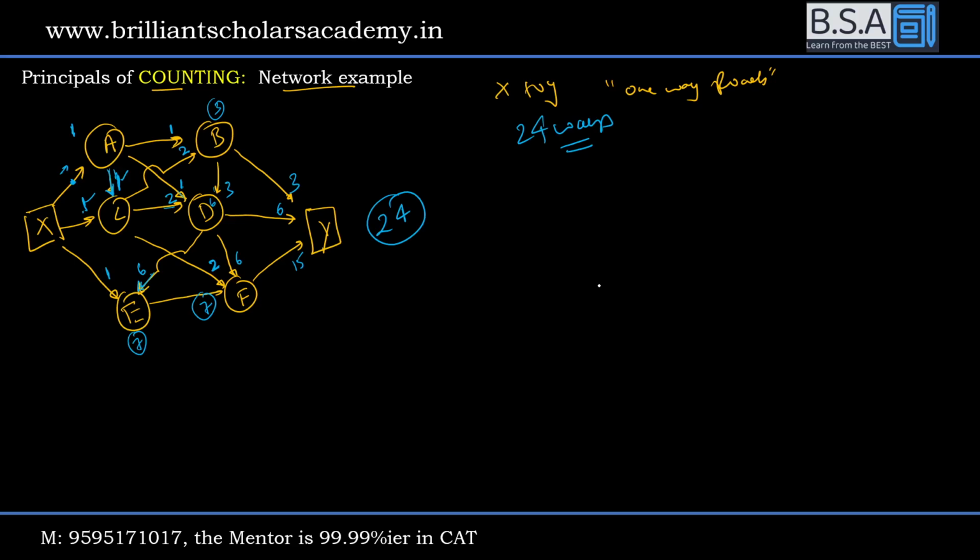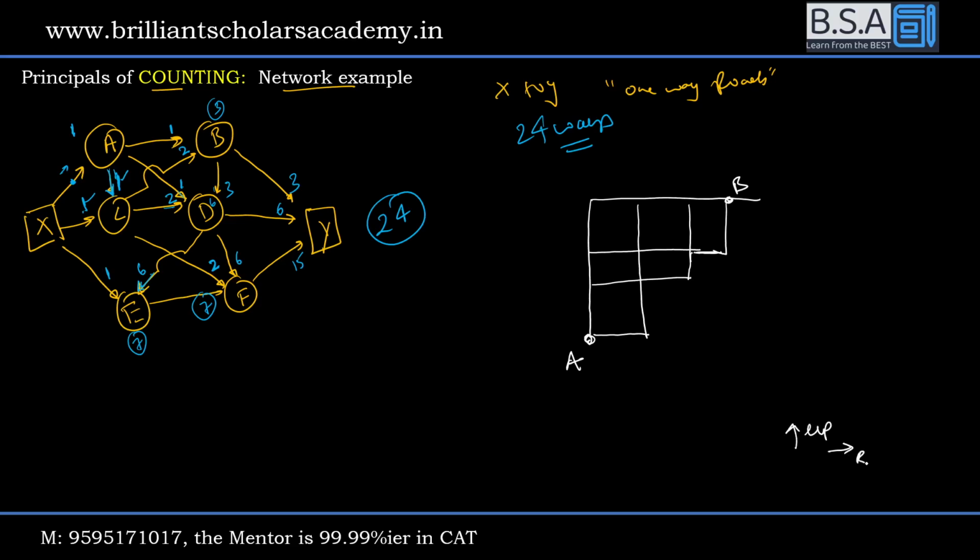This is the kind of question that is being shared online. I will just draw it for you. This is point A. This is point B. A person can only go upwards or rightwards.